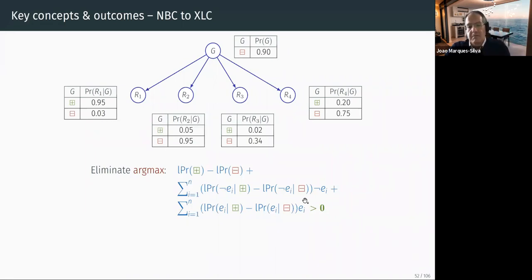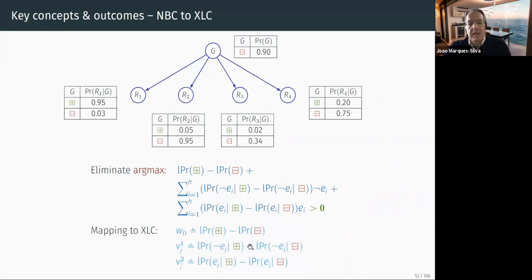Again, this is simple. And now to map to the extended linear classifier, I just have to say which of these parts is what. So W0 is going to be this part. V1 is going to be this value here, because it's for the value 0 of the literal. And the second value, V2, is this part for the positive literal. Okay, so essentially, by doing this transformation, I went from the argmax for the naive Bayes to an extended linear classifier.